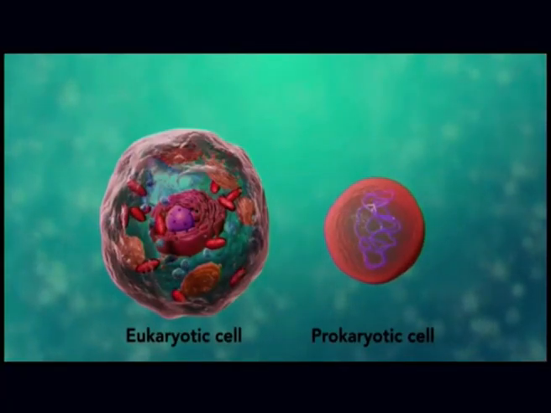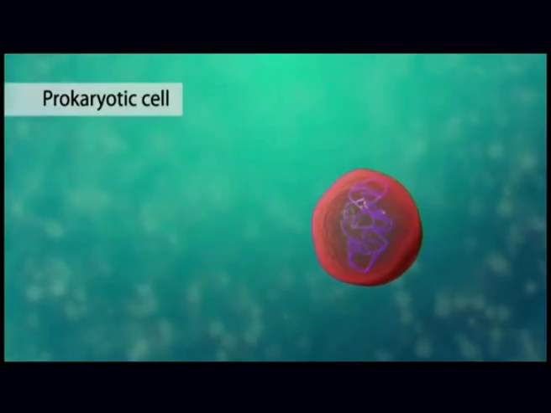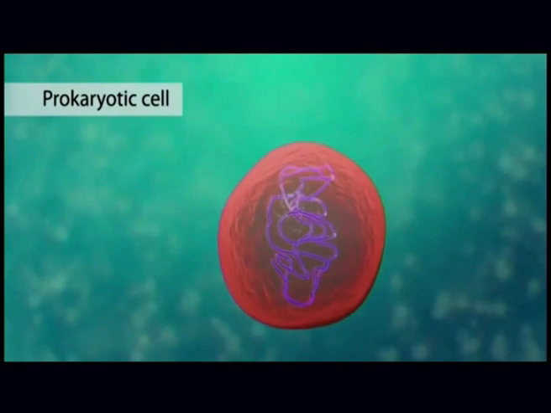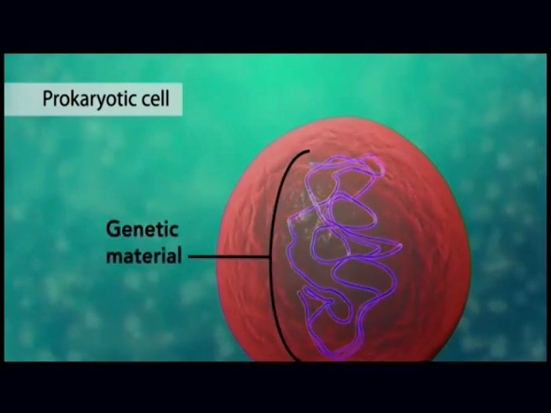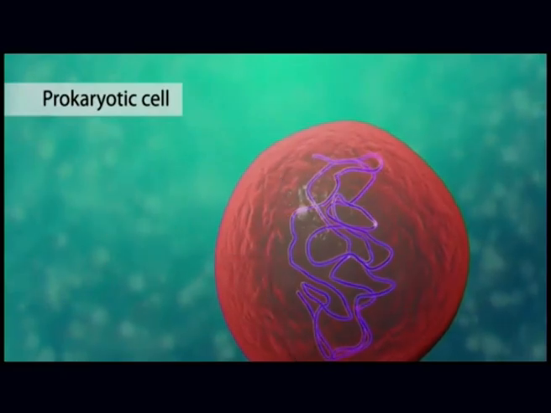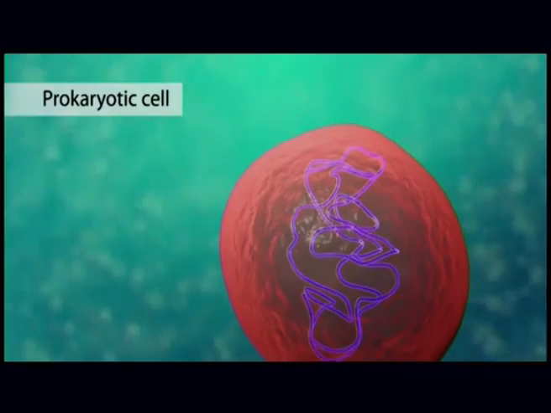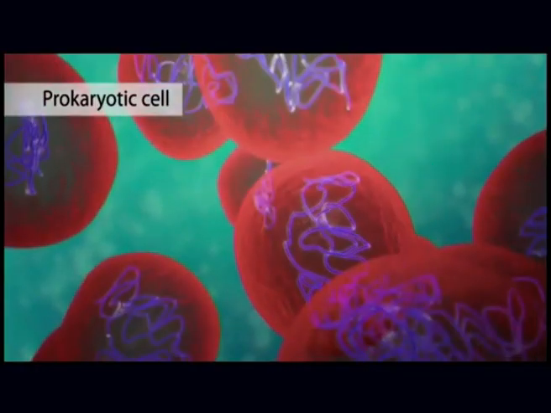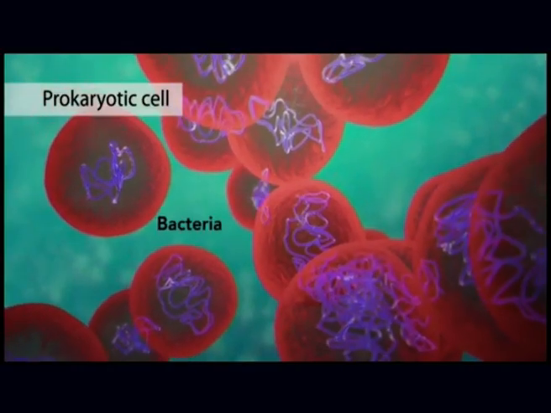Prokaryotic cell. In a prokaryotic cell, the nucleus is not bound by the nuclear membrane. Genetic material is free in the cytoplasm. These types of cells are seen in bacteria.